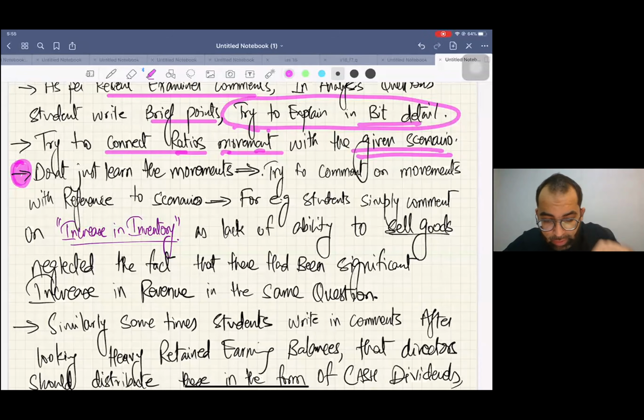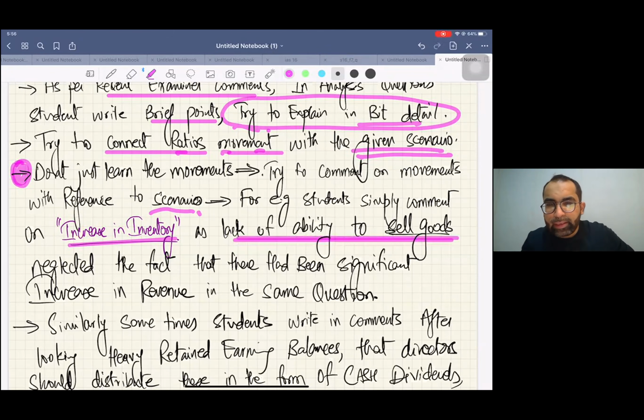Wait, giving you an example, your examiner, your marker, has written this. See, try to comment on movements with reference to the scenario. For example, look here, students simply comment on an increase in inventory as lack of ability to sell goods.